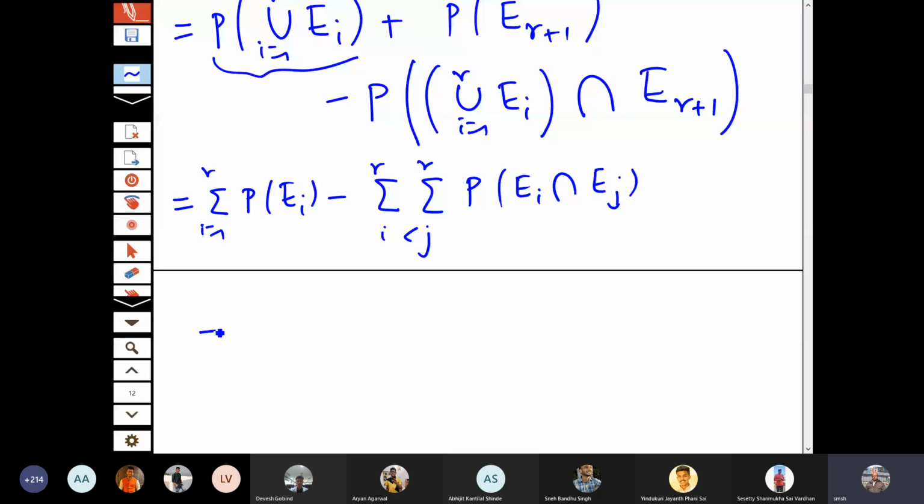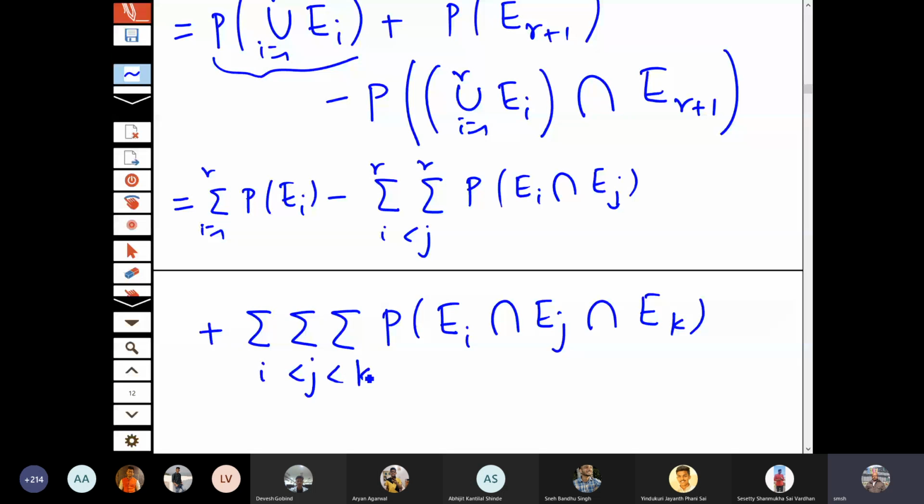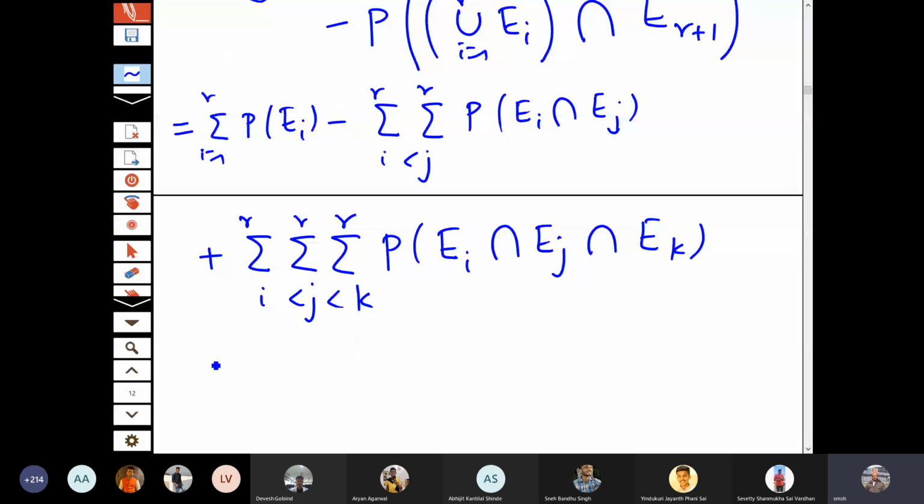Then you have the triple summation Ei intersection Ej intersection Ek, i less than j less than k, all going up to r only. And so on, minus 1 to the power r plus 1, probability of intersection Ei, i equals 1 to r. So this is the expansion of this term.